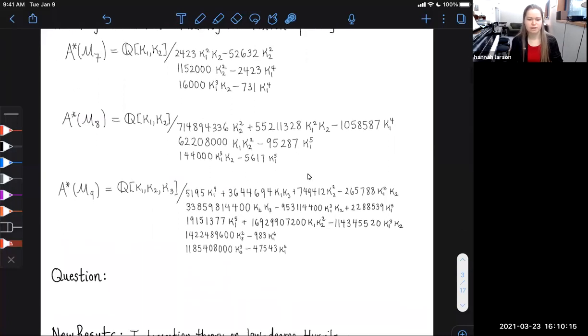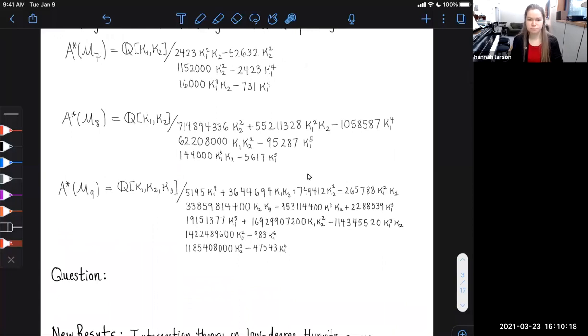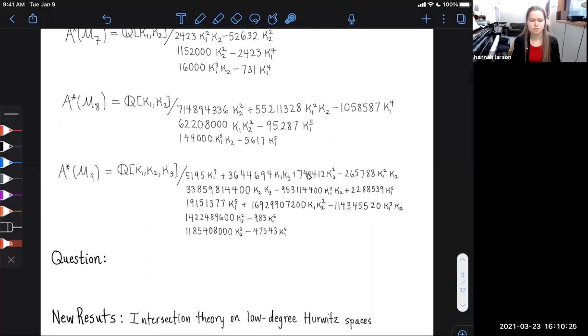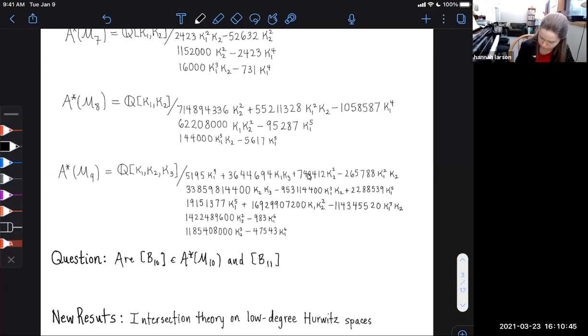But it still leaves open genus 10 and 11. And in light of Van Zelm's result about the bielliptic locus, I think a natural question to start with in that direction is to ask, are the fundamental classes of the bielliptic loci in genus 10 and 11 tautological?